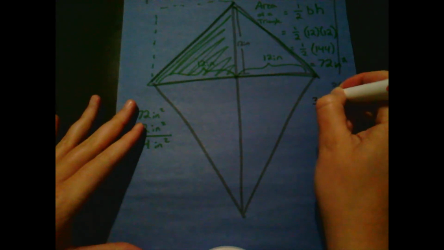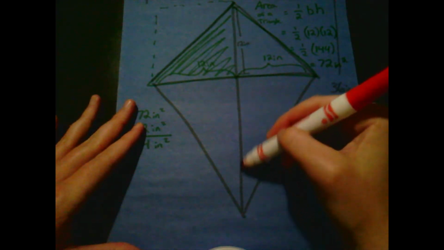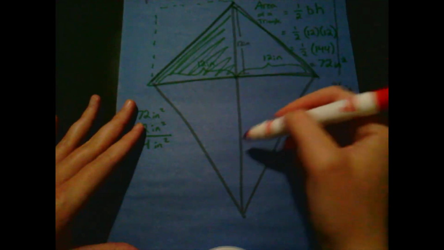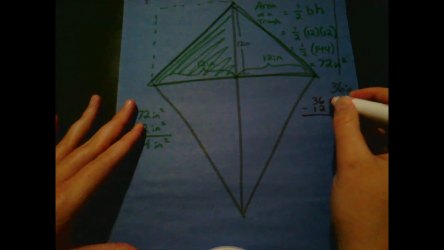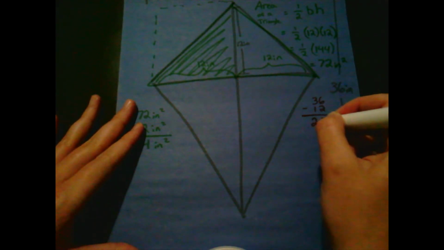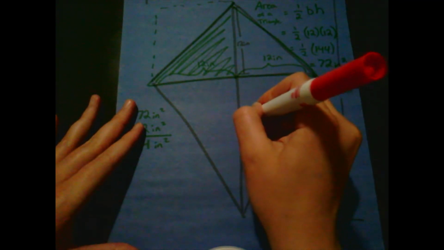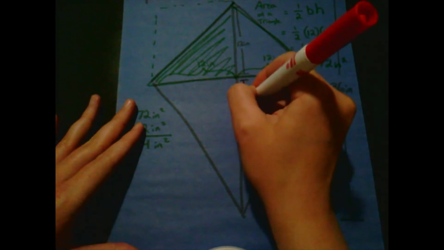So we're going to do 36 minus 12. We're trying to figure out this part right here. So 36, the total, minus this portion will give us this portion. So 6 minus 2 is 4, and 3 minus 1 is 2. So this part right here is 24 inches.